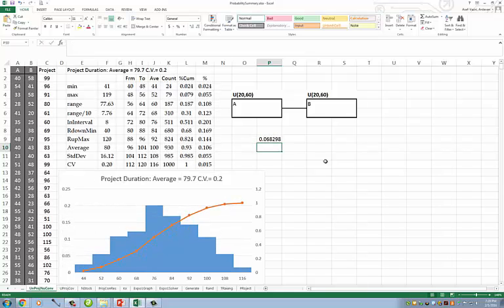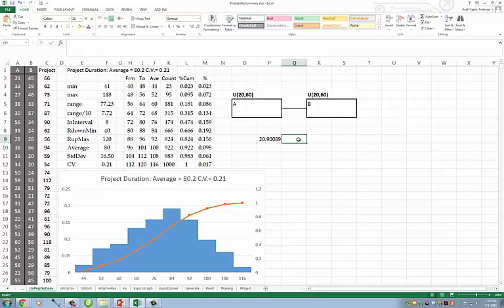Then a number between 0 and 1 is generated. I can take this number to any other interval. For example, here we want the smallest value to be 20. So I will add 20 to this number.